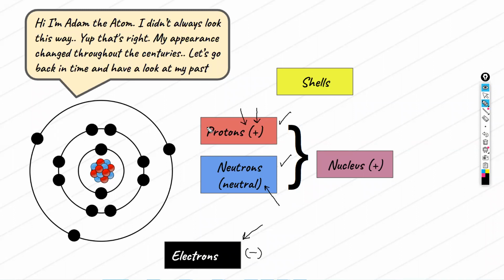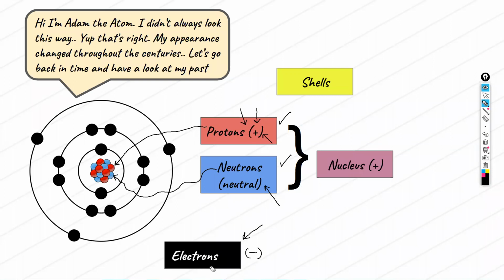What a lot of people don't know is that protons are at the center of the atom. So I have a little colorful diagram here. Everything in red is a proton, and protons have what charge? A positive charge. The neutrons are also at the center of the atom. And I use blue to kind of depict the neutrons. And neutrons have no charge, meaning once again, they are neither positive nor negative.